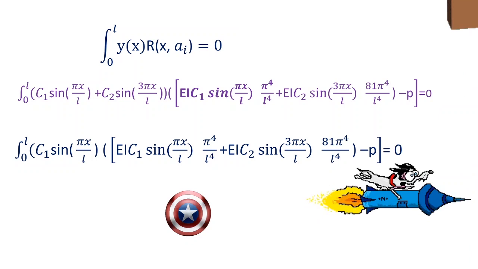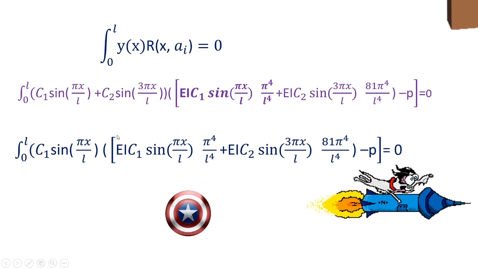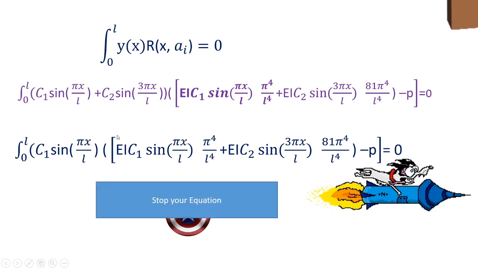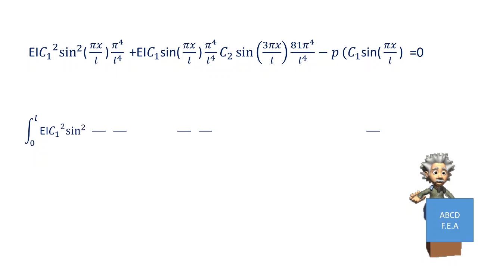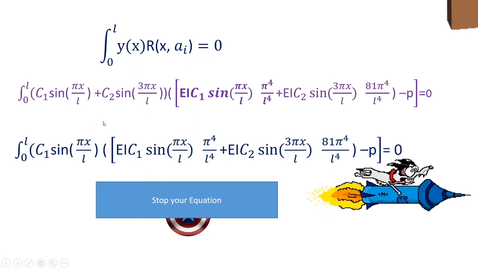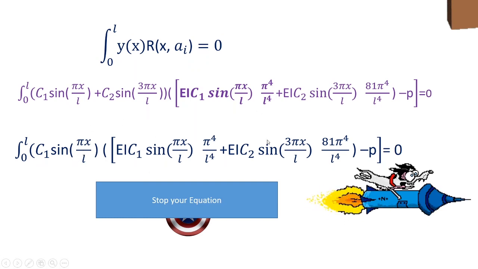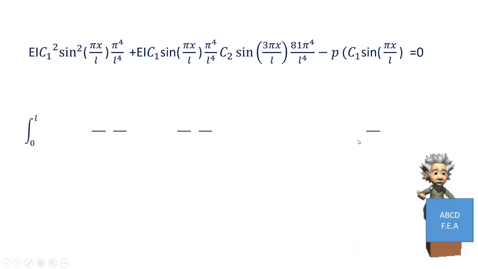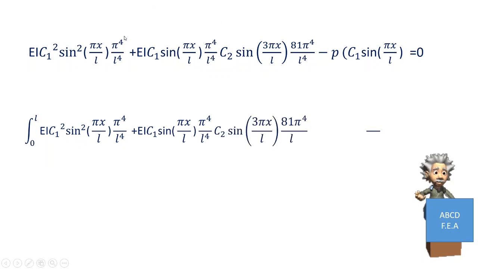Got it? So what I have done, I just took one term and multiplied it. If you see the previous slide, I took this one term and will multiply it with this, with this, and with this. If I multiply all the terms, I will get all these values.